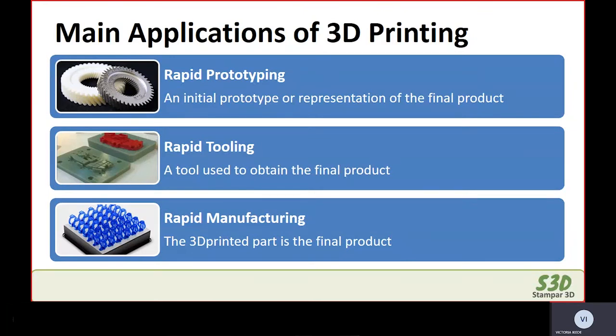In cases where your final product needs to be manufactured through forming or injection molding, the initial prototype can be made using additive manufacturing. The second main category is rapid tooling. This is where you use additive manufacturing to make a tool that would allow you to get to the final product. And the third way, rapid manufacturing, means you're directly manufacturing the final product using additive manufacturing.